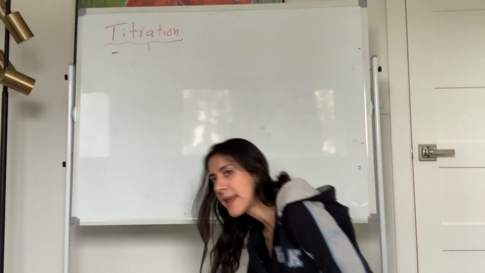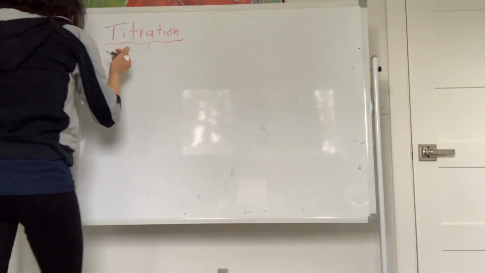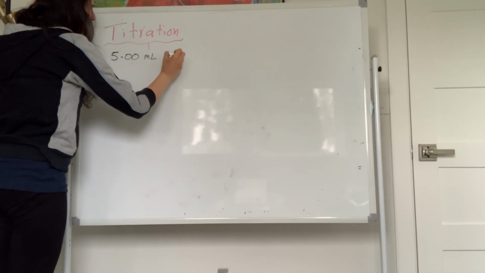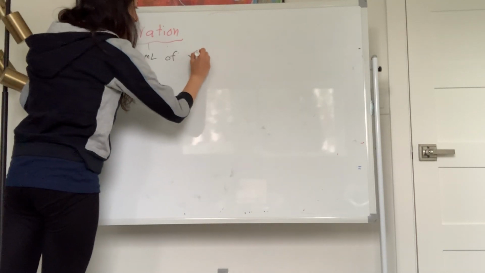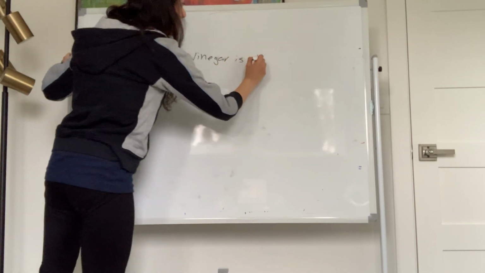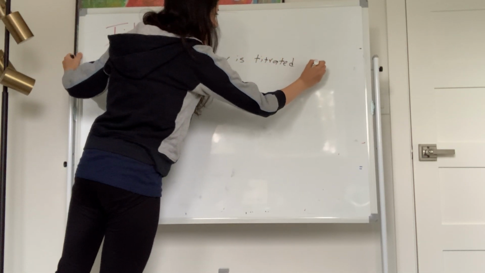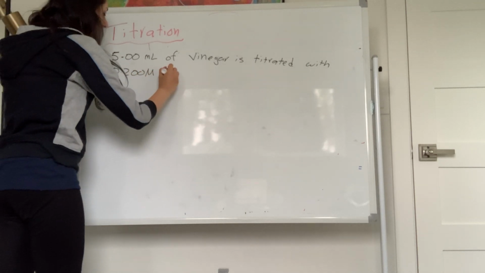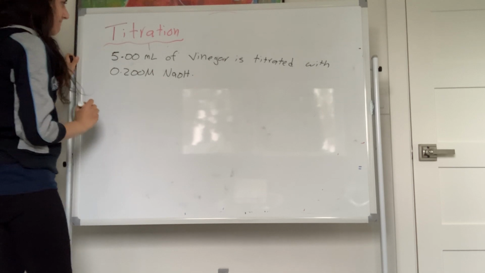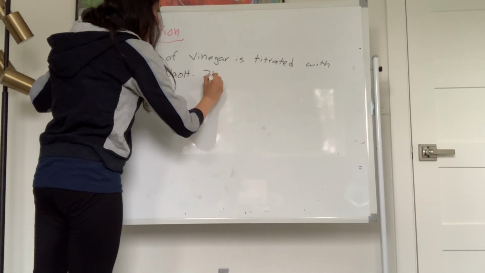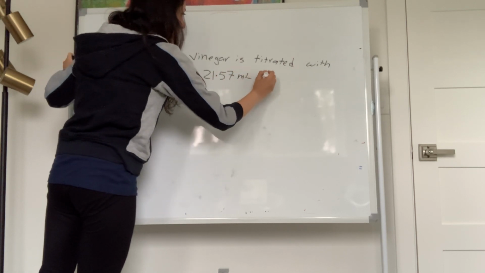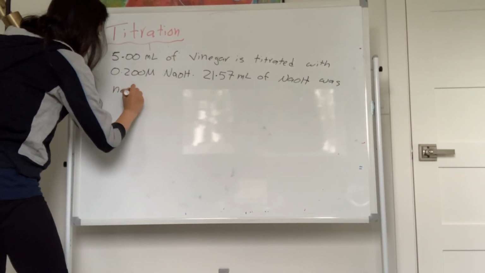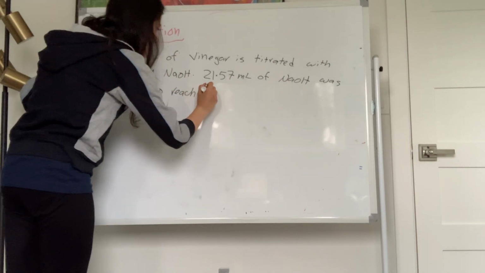Here's our next practice problem. You ready? 5.00 ml of vinegar is titrated with 0.200 molar sodium hydroxide. 21.57 ml of sodium hydroxide was needed to reach the endpoint.